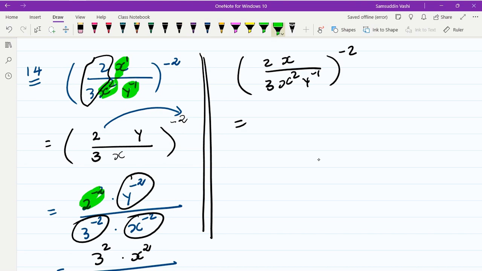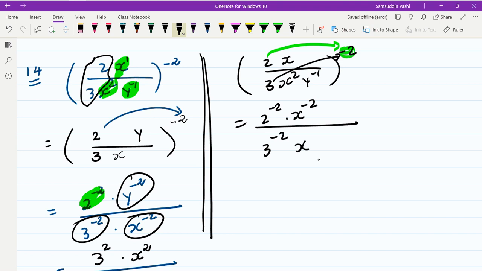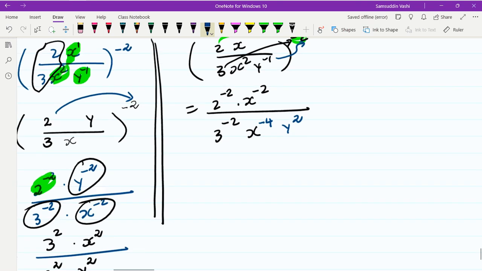I can also start applying that negative power too. 2 to the power of negative 2, x to the power of negative 2, 3 to the power of negative 2. Tell me, x to the power? And y to the power negative 1 times negative 2. Y to the power of positive 2. You can do this one also. We will see if we have the same answer at the end or not.